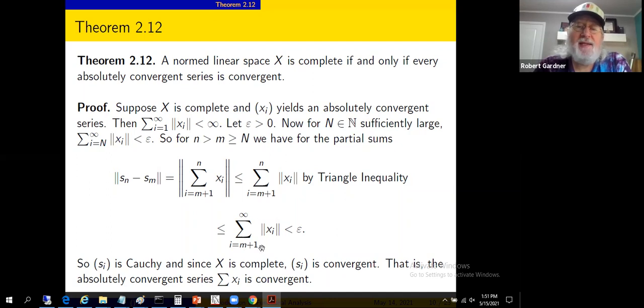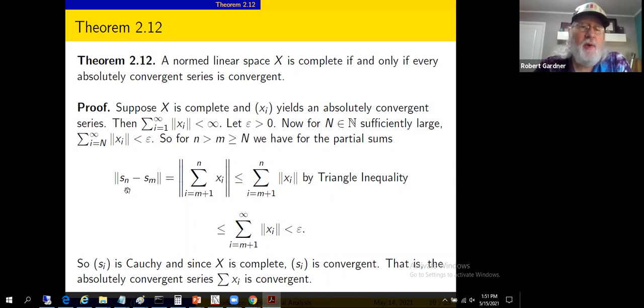So we've taken this tail of a series, we've added in an infinite number of non-negative terms. And we made the index m sufficiently large so that this sum, notice it looks almost exactly like this, starting value is different, but we're good, will be less than epsilon.